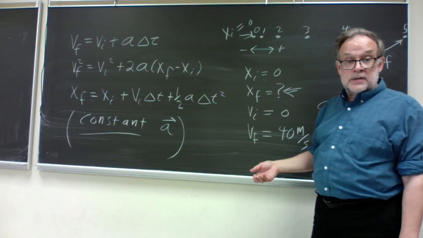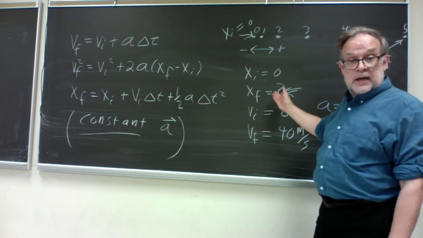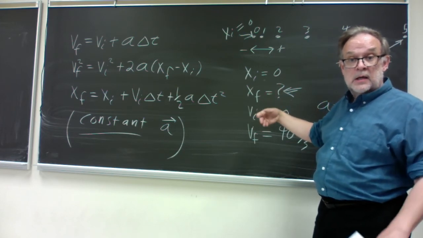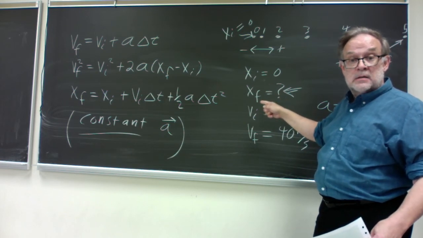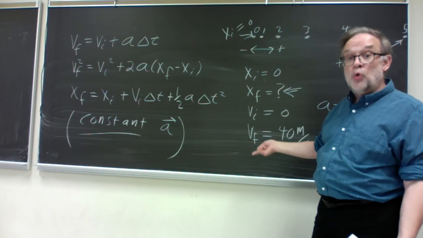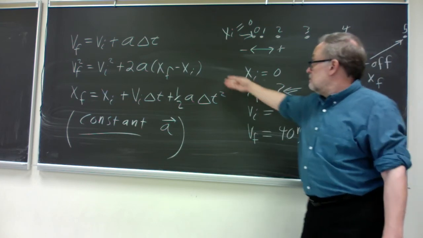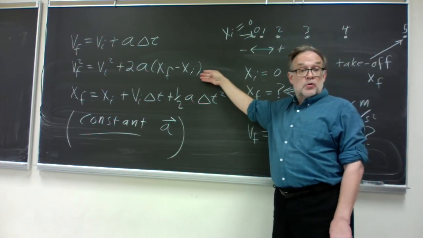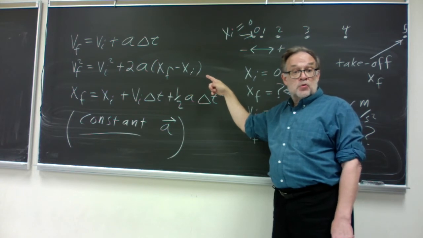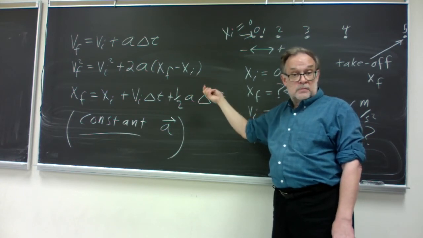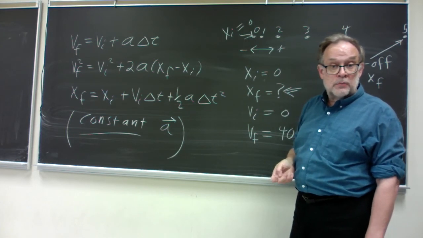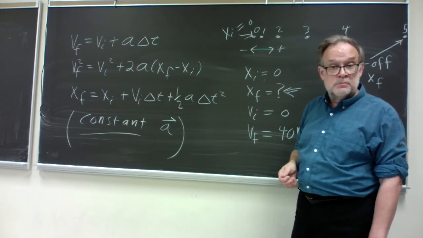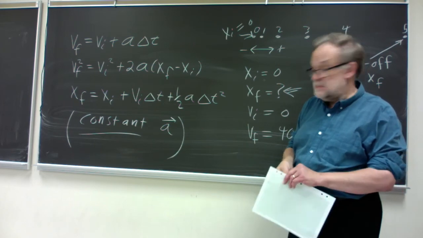So what we really need is an equation in which our goal is the only unknown quantity. That would be this one. We know every other quantity in this equation except xf. So at this point we just put in all the numbers that we know and then do the algebra to solve for xf, and let's see what we get.